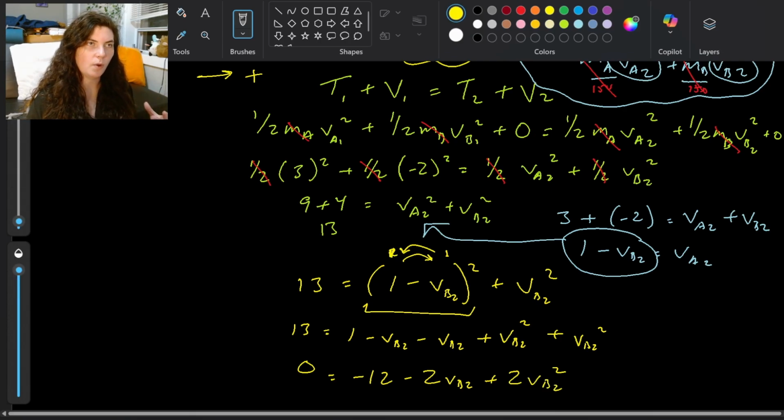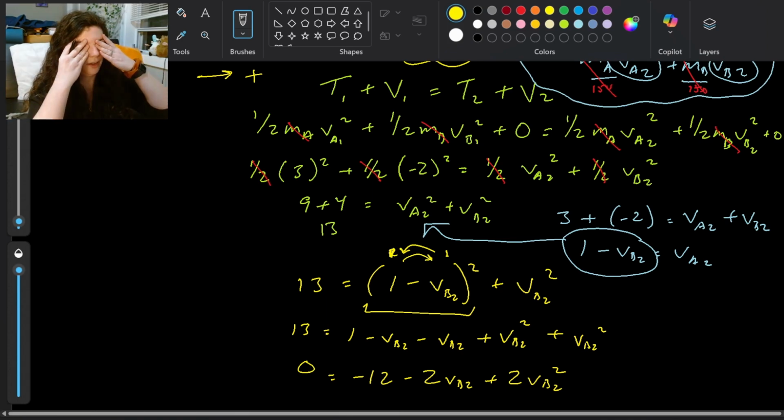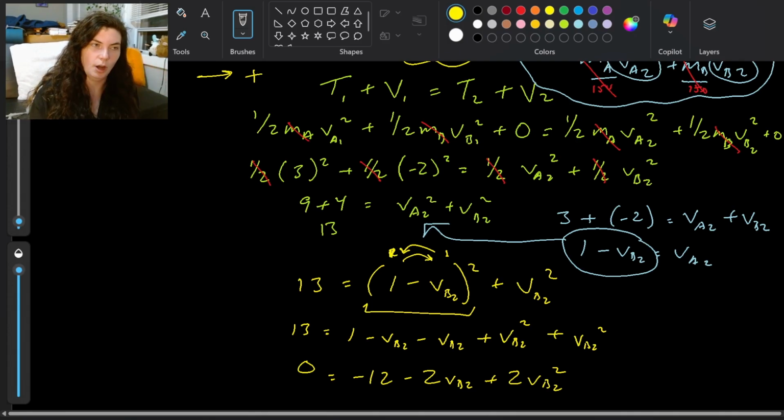And when I get to this point, you might be like, oh no, oh gosh, do I have to try a bunch of things and separate out what the different roots are? And the answer is no. Don't put yourself through more trouble than you have to.